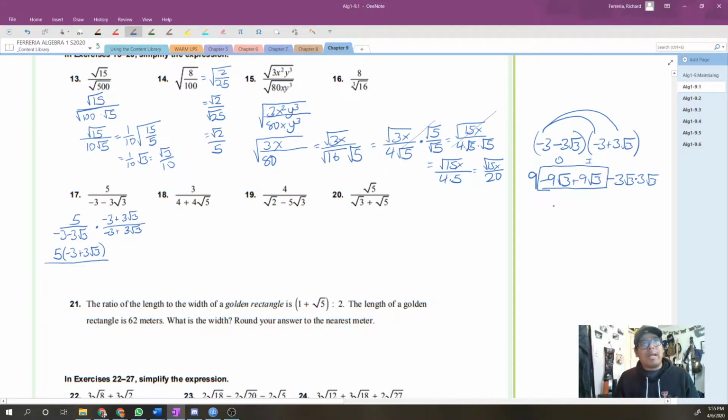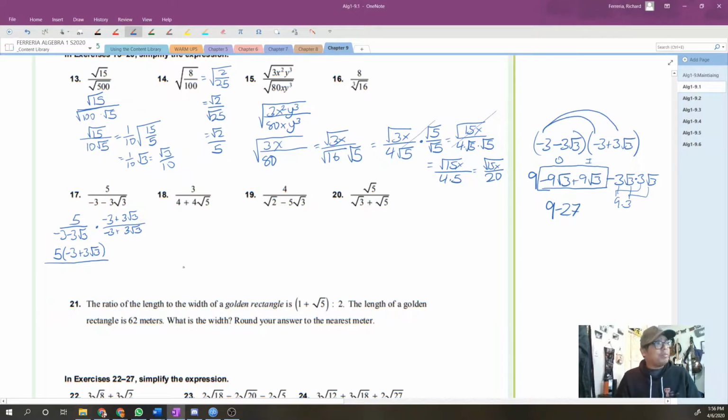So I'm left with the 9, and over here, 3 times 3 is 9. Radical 3 times radical 3 is 3. And then 9 times 3 is 27. How much is 9 minus 27?